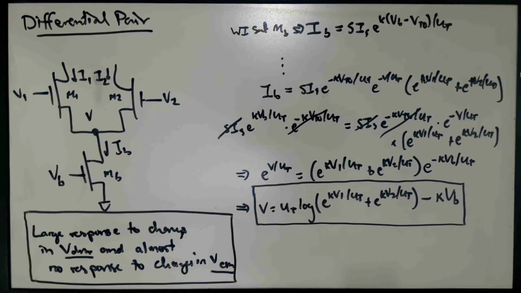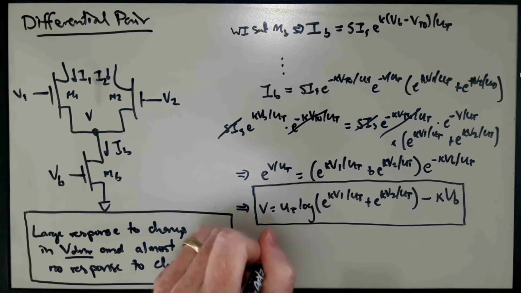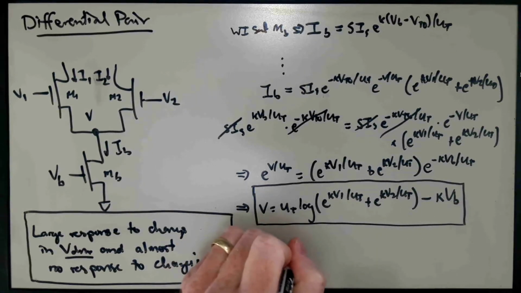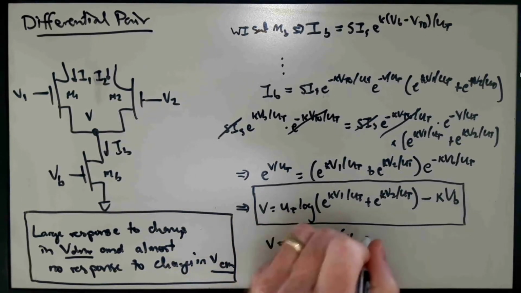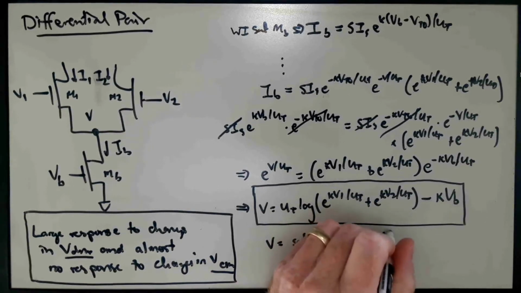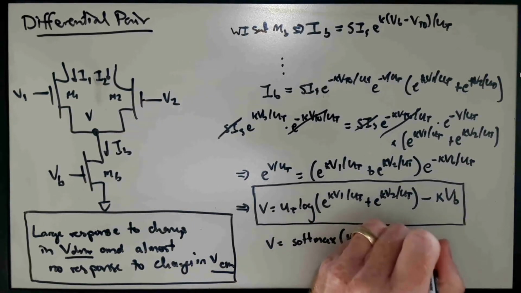Now this is a very interesting function, and we've met this function before. This UT times the log of e to the something over UT plus e to the something else over UT is something we call the soft max of these two things. So V equals the soft max of kappa V1 and kappa V2 minus kappa VB.